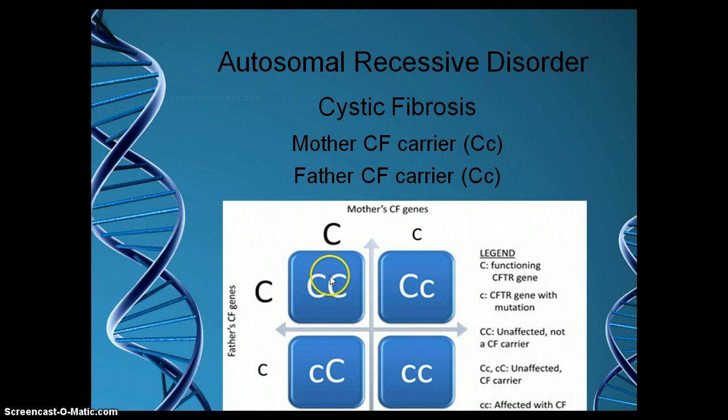So the child's not a carrier and not affected by the disorder. Here we have a dominant trait and a recessive trait, meaning it's the same as mom and dad. These two children will be carriers, and then here we have the recessive trait. So we have the recessive from the mom, the recessive from the dad. This will be a child who is affected by cystic fibrosis.